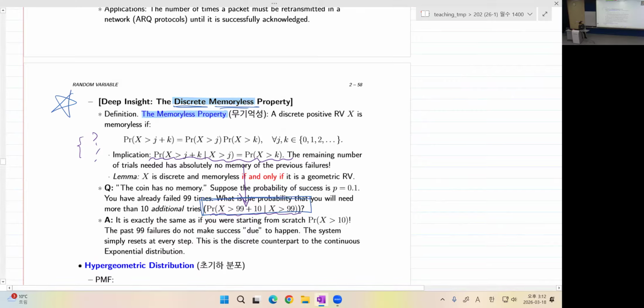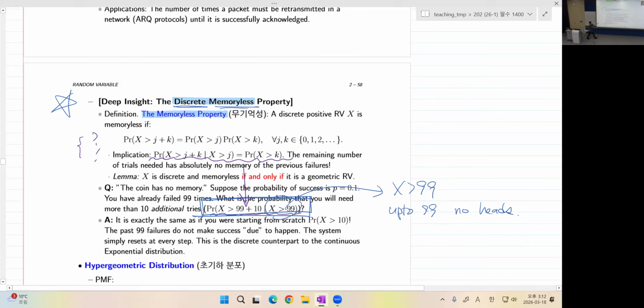Suppose you toss a coin and you want to see the first heads. And unfortunately, you haven't yet seen heads up to the 99th trial. So this event means that X greater than 99 means that up to 99 trials, no heads, right?